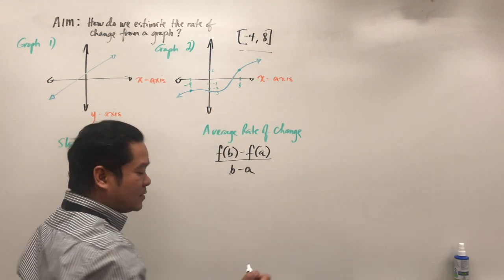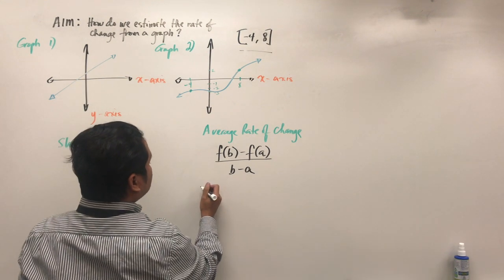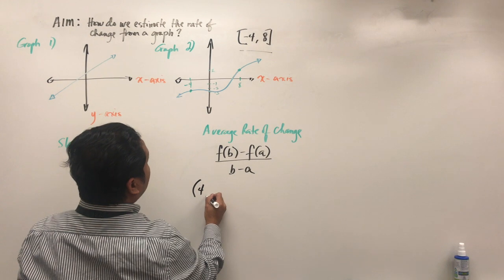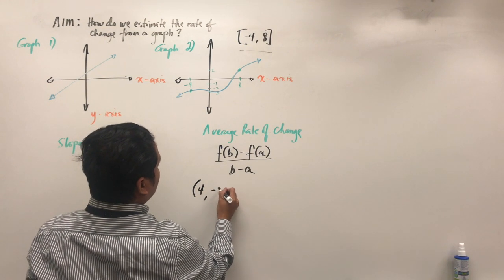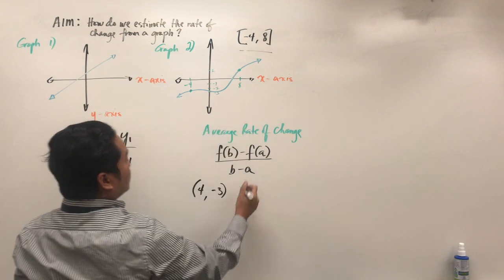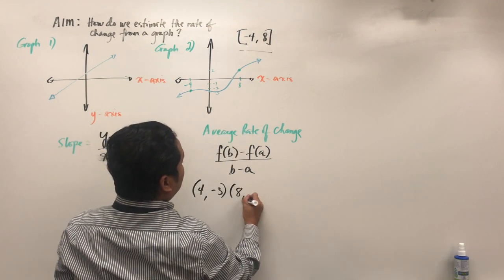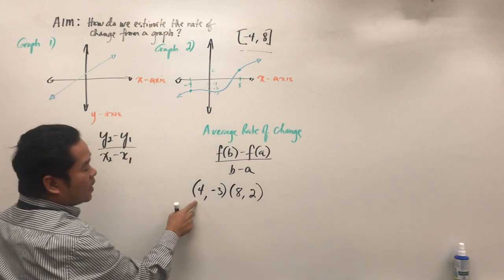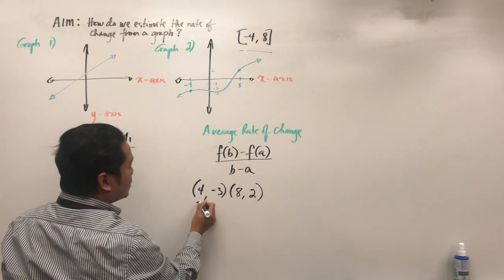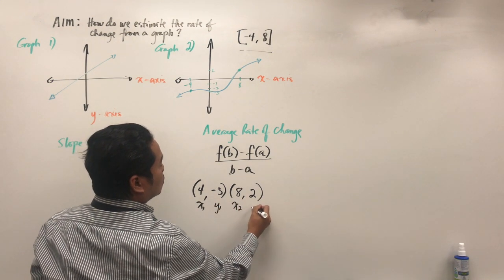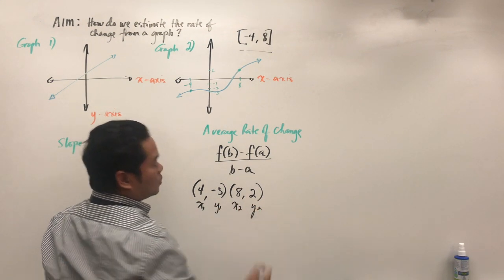So I'm going to write that down. If x is equal to -4, then my y is equal to -3. And then if x is equal to 8, my y is equal to 2. We can identify this as your x1, y1, x2, y2.